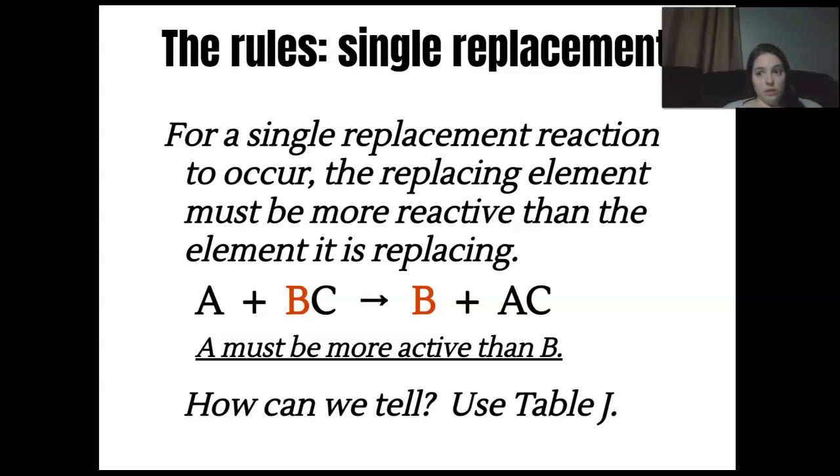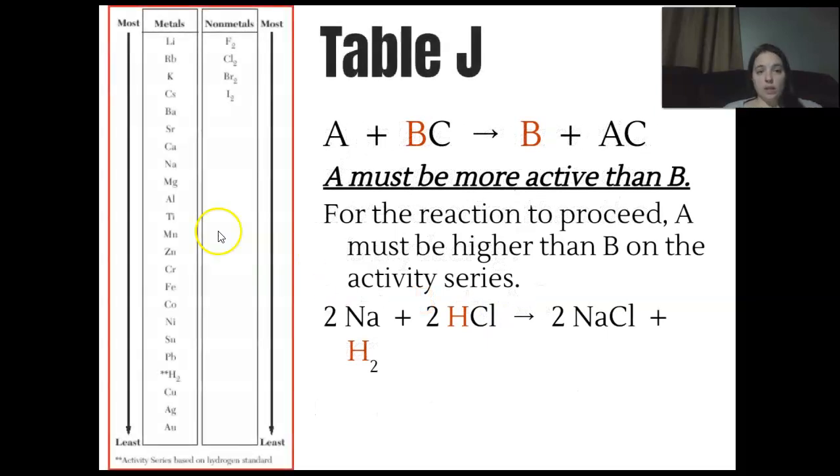And how do we know this? Well, table J in our reference tables will tell us this right here. So A plus BC gives us B plus AC, meaning that A had to be more reactive or more active than B. So how you say, hey, yes, it worked is because A was more reactive than B.